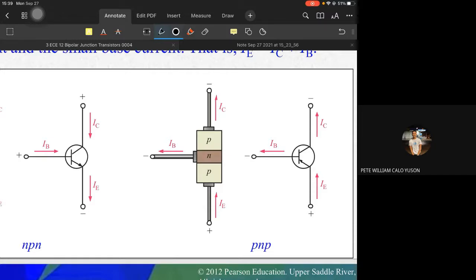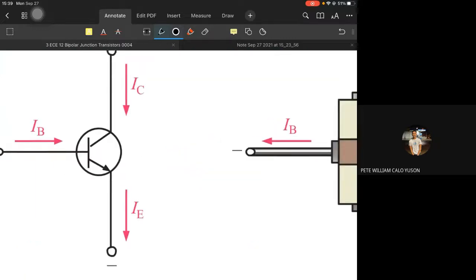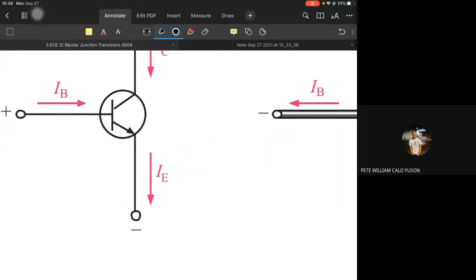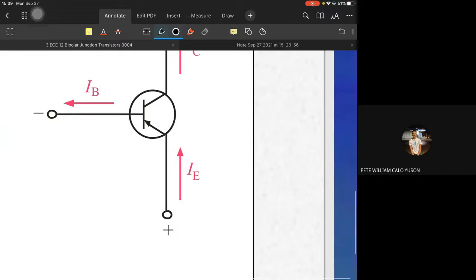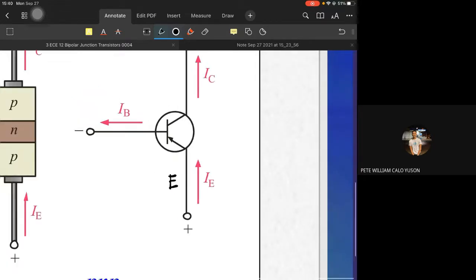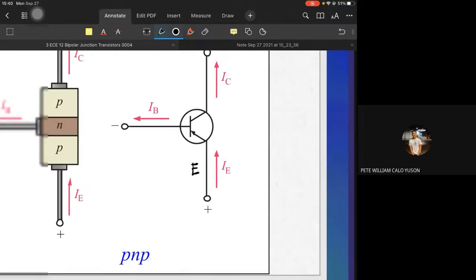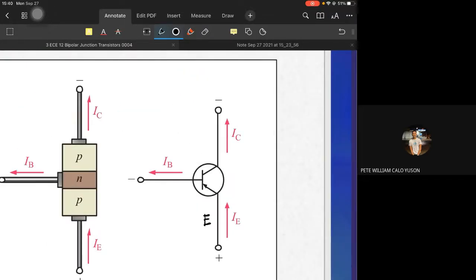Okay? Para dali ta makahinumdum, kung asa nga terminal ang arrow, just like this one, for sure, kana ang emitter. Okay? Kung asa ang arrow, kana ang emitter. Maybe, i-draw ang transistor in this way.